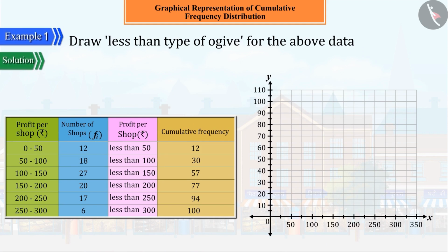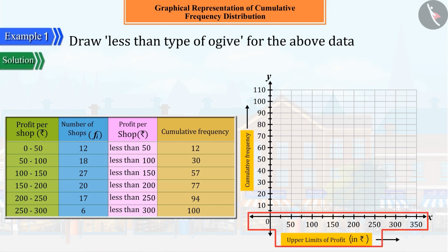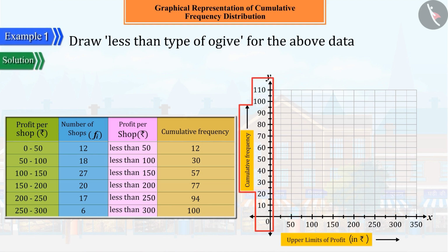To represent the data graphically, mark the upper limits of profit on the x-axis in rupees and cumulative frequencies on the y-axis, where upper limits indicate profit and cumulative frequencies indicate the number of stores.